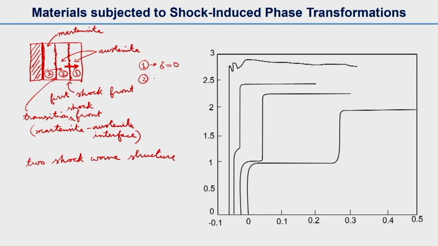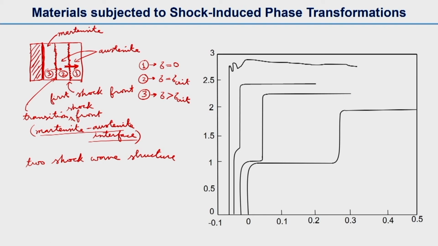Region number 2 has, let us say, sigma equal to sigma critical, but still the transformation has not occurred, as you can see in the earlier slide. Region number 3 has sigma greater than sigma critical and the transformation occurred. That is, the austenite structure transformed to martensite, which we said is a diffusionless transformation. That martensite and austenite interface is also another shock front.